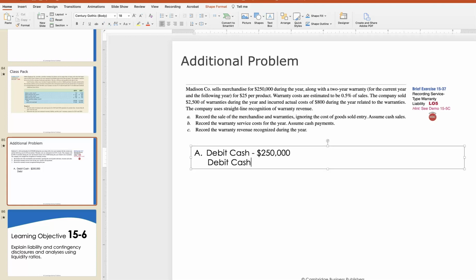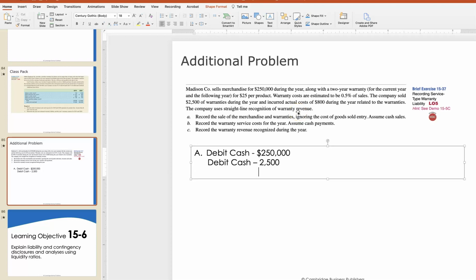It told me that I sold it for $25 per product. The company sold 2,500 of warranties during the year. So that means I got 2,500 more in cash.